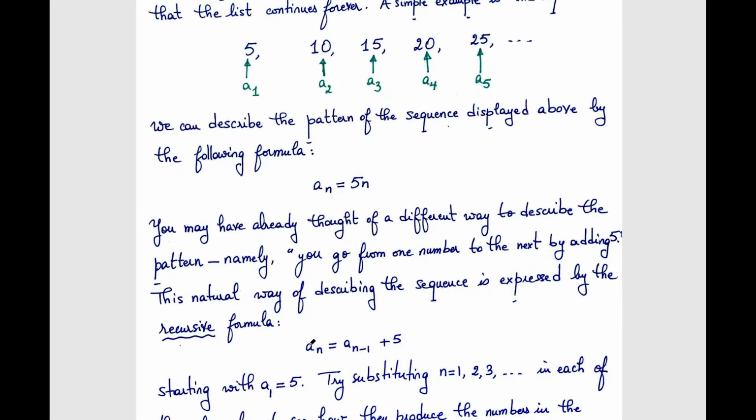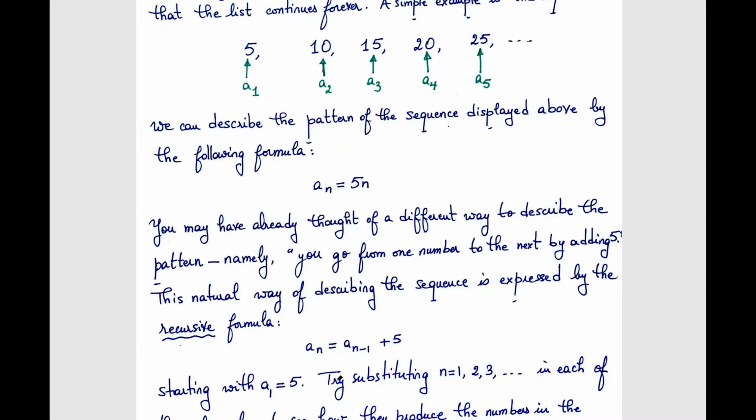Well, the second term, the term that has rank 2, is equal to the previous term. So this is the first term, and the first term is given to us as being 5. So this becomes 5 plus 5. So a sub 2 would be 5 plus 5, which is 10.